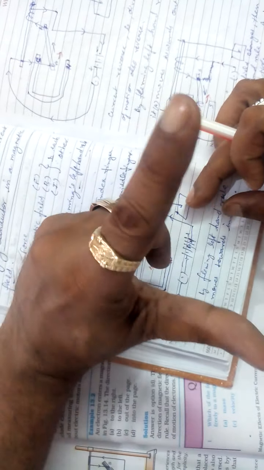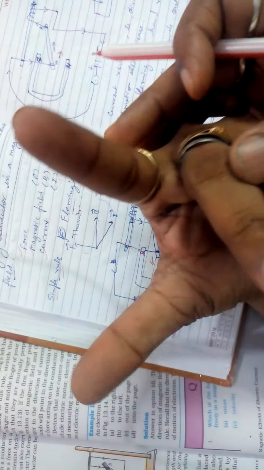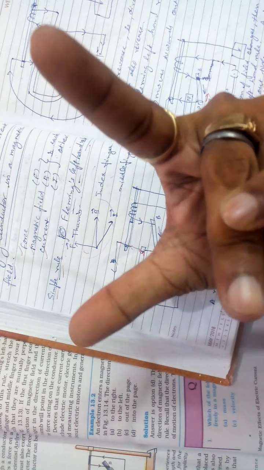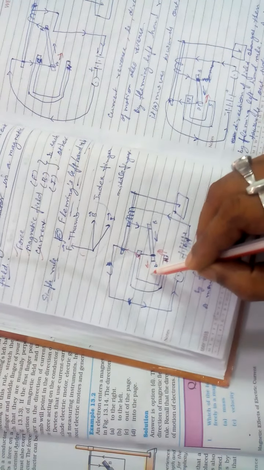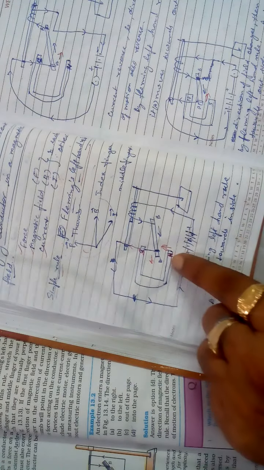You will put your fingers like this. This is the current, this is the magnetic field, and the thumb is moving in the inward direction. So by the Fleming left hand rule, the force is towards the inside.